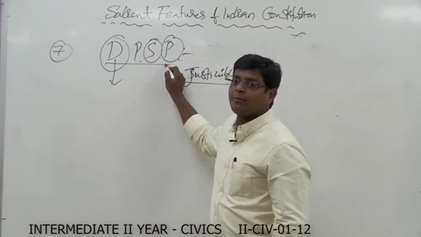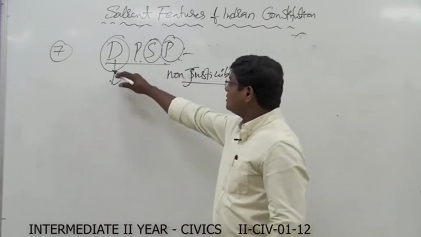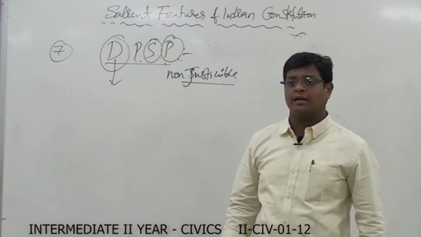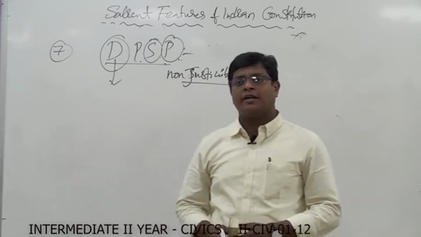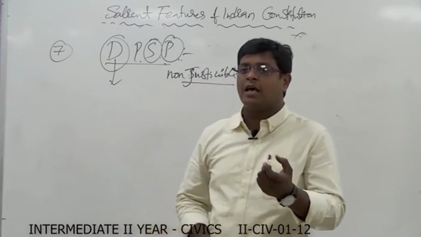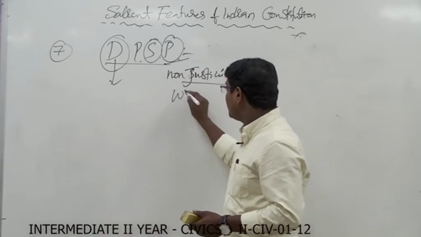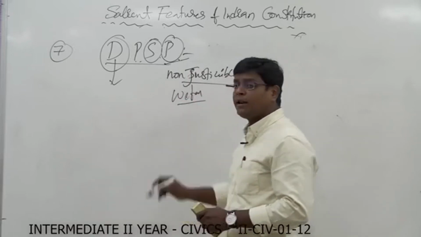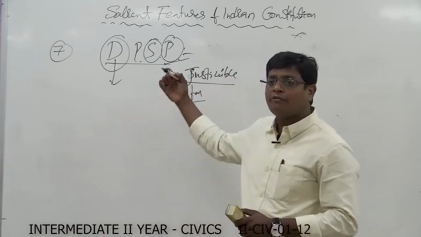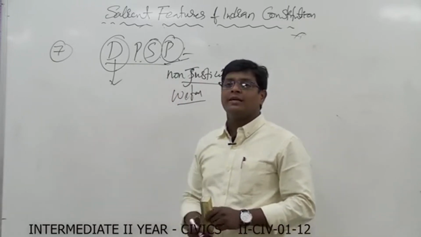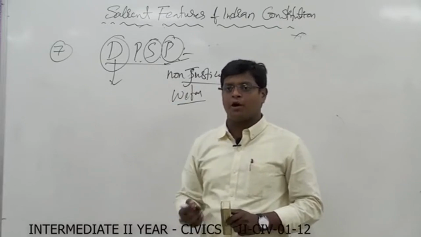For making policies. That is the definition, that is the meaning of directive principles of state policy. Here, the Constitution of India gave some guidelines to formulate policies, nothing but welfare policies, to the government of India. So they come under directive principles of state policy.